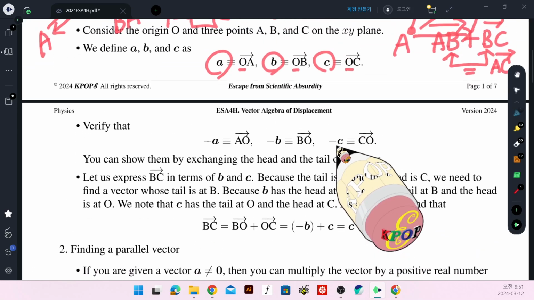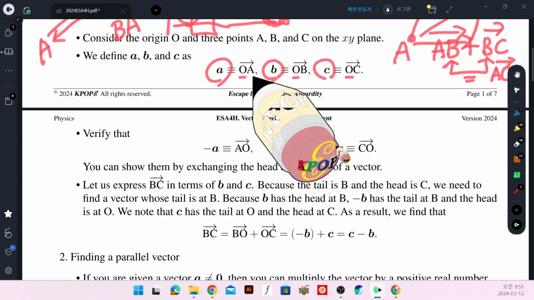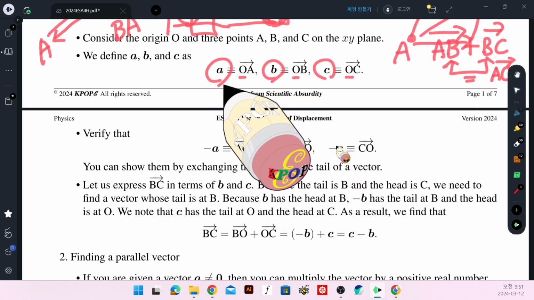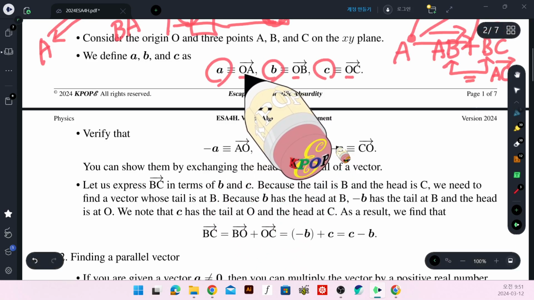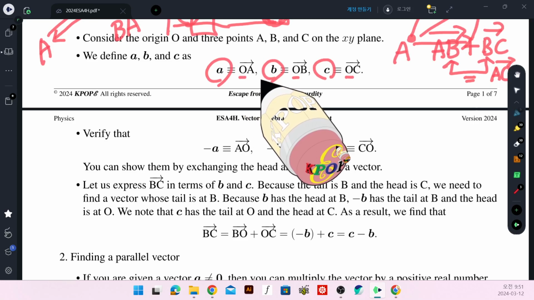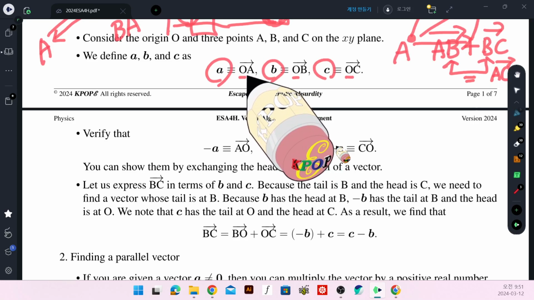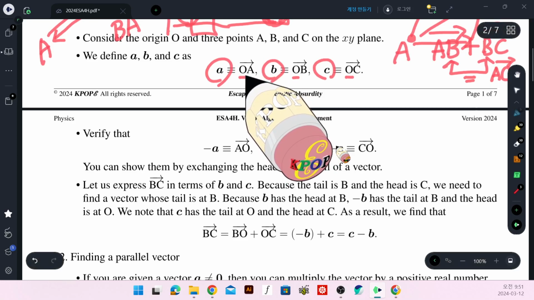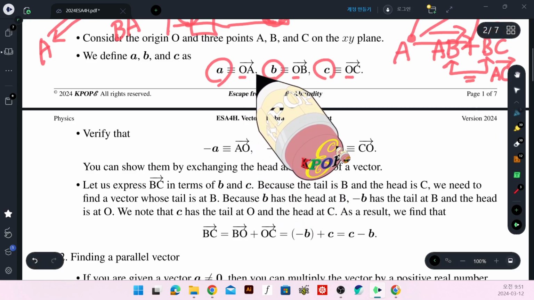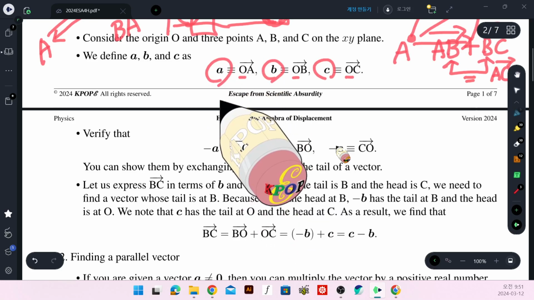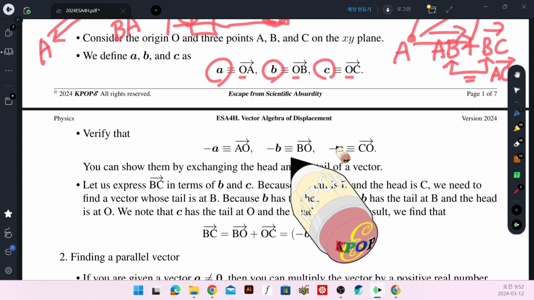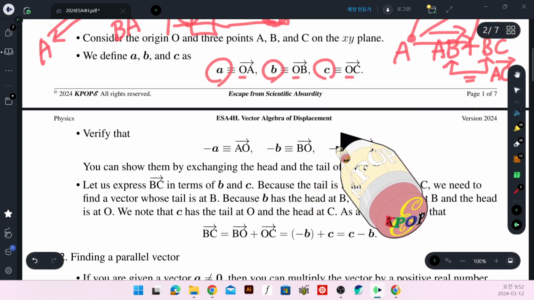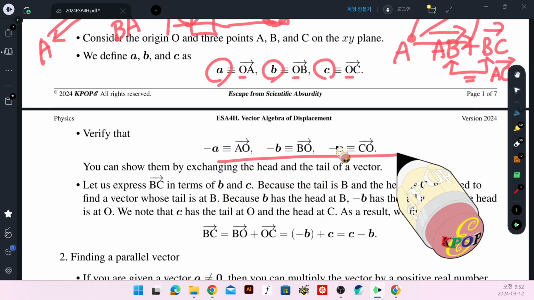So we have OA, and what is the additive inverse, that is, the negative of A? We know how to find the additive inverse: exchange the head and tail. So OA can be replaced with AO to find the negative of vector A. In a similar manner, the additive inverses of vector B and vector C can be found.